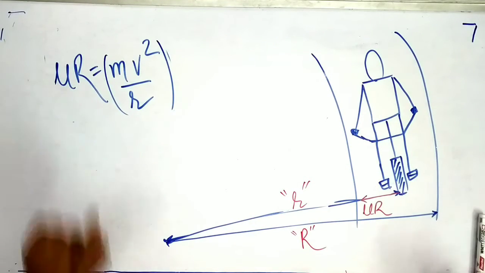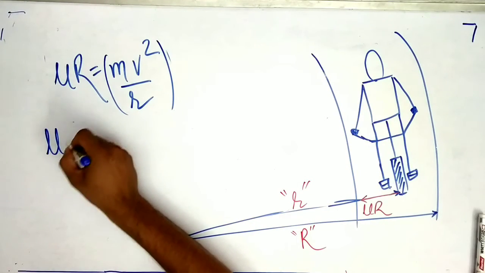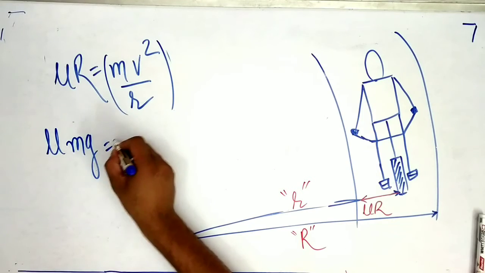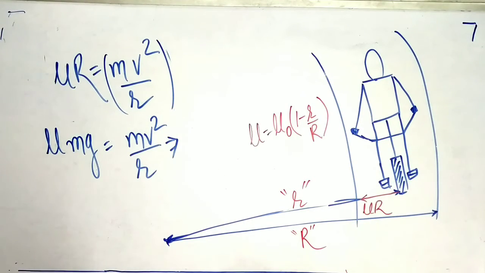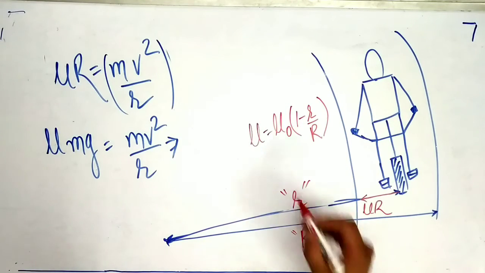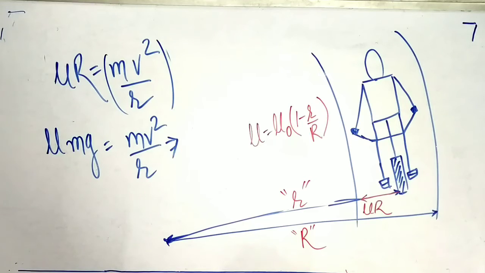The reaction R is equal to mg. Also, it is given that the coefficient of friction is mu equal to mu naught into 1 minus r by R. It is a variable coefficient of friction. That doesn't change anything actually.